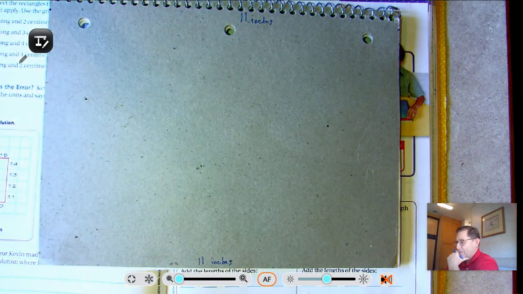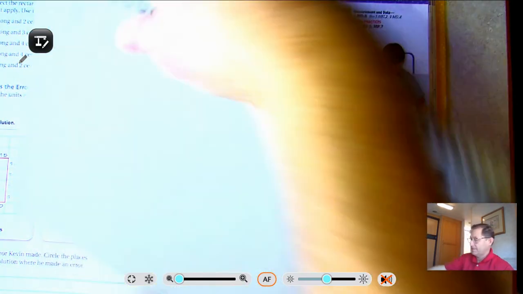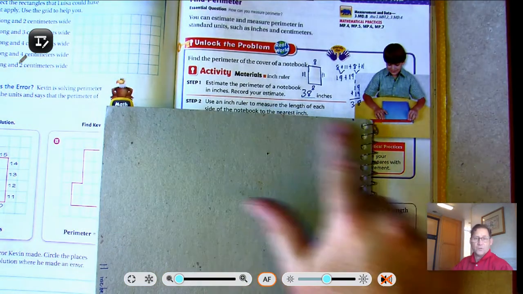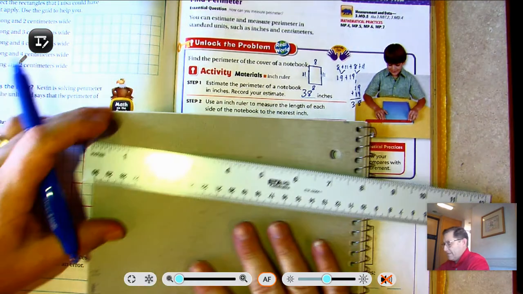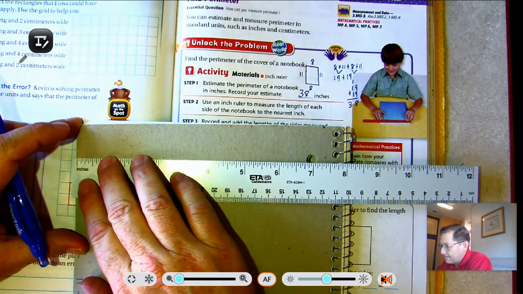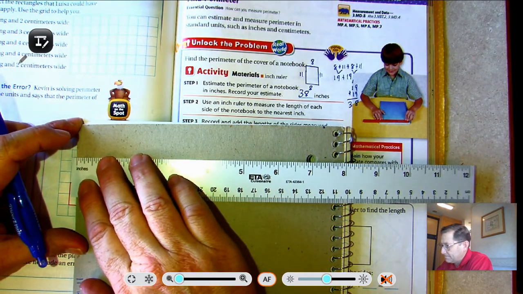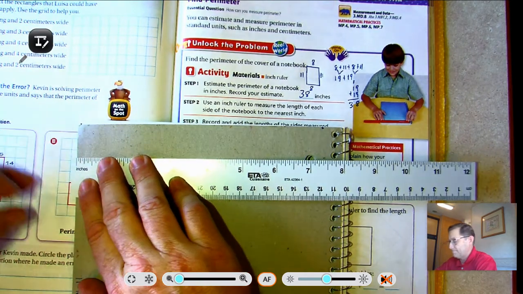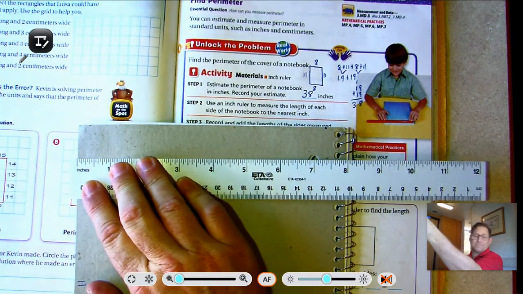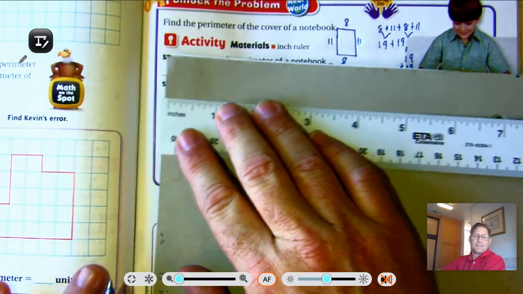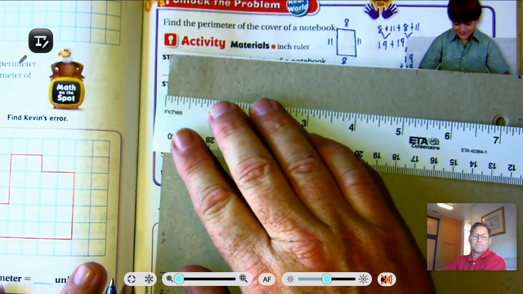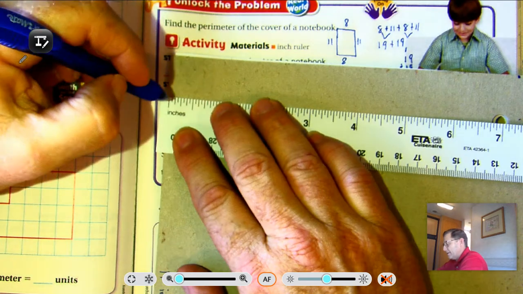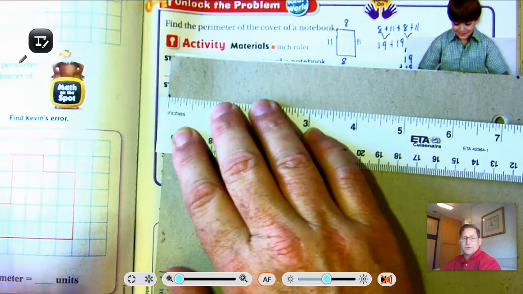All right, so now let's measure this side going left to right. So again, line up the ruler at the 0 line or the 0 mark. So I see that it's right there at 0.